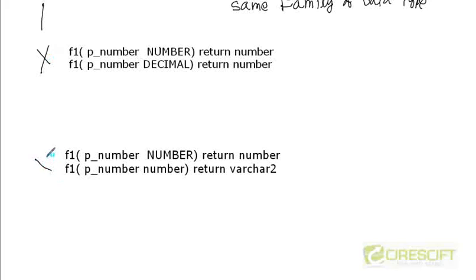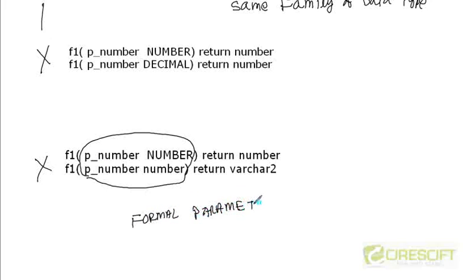This is also not allowed because you cannot just change the return type. You need to have different input values. Okay, the rule is that the formal parameters cannot be of the same family of data type.